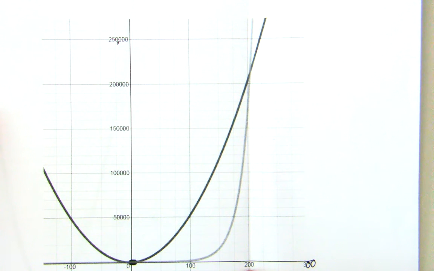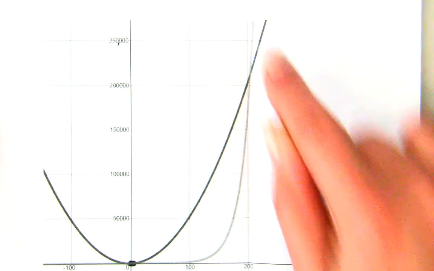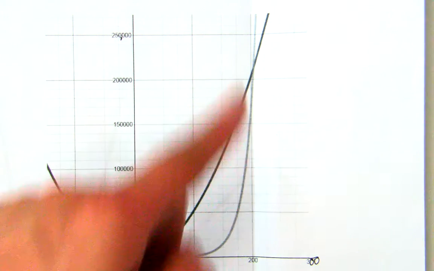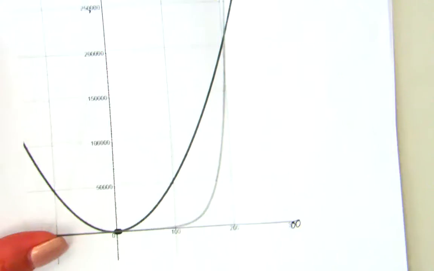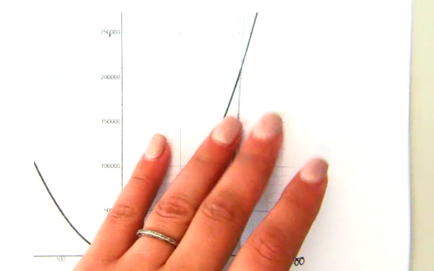Somewhere after 200 for the value of x, the exponential overtakes the quadratic and wins the race, which basically answered the question of what will eventually happen to the graphs of the functions as x gets larger. Eventually, the exponential does overtake it, even though at the beginning it looks like it might not. And you have to keep on messing with the window for that. Okay, so that was 133.